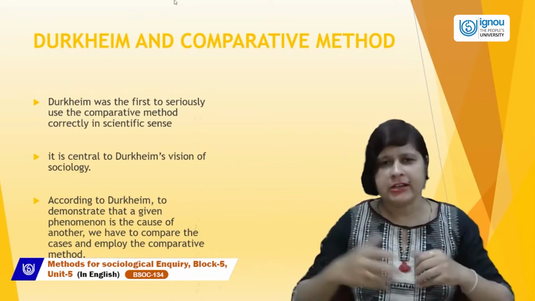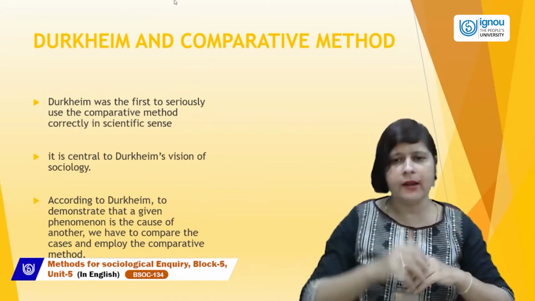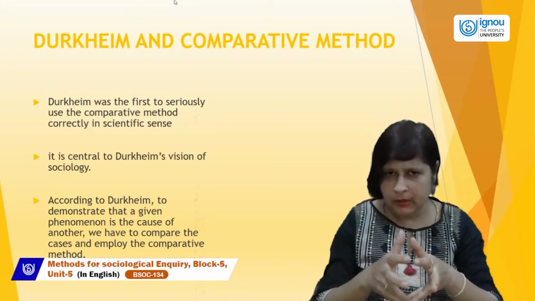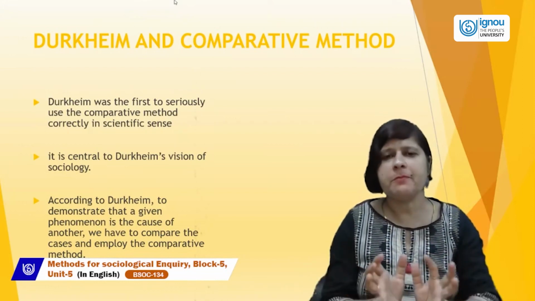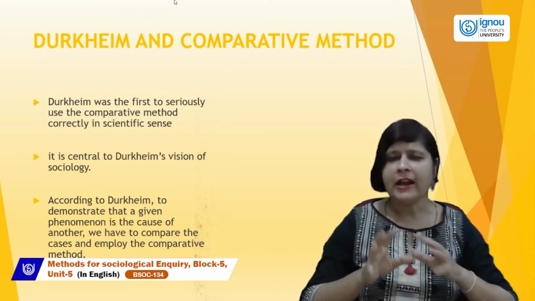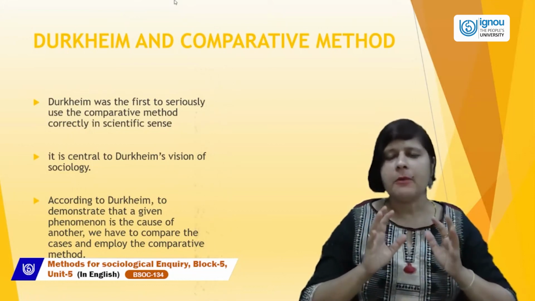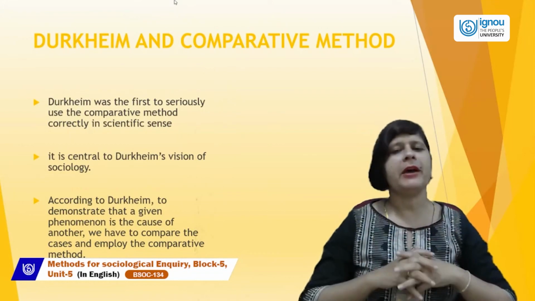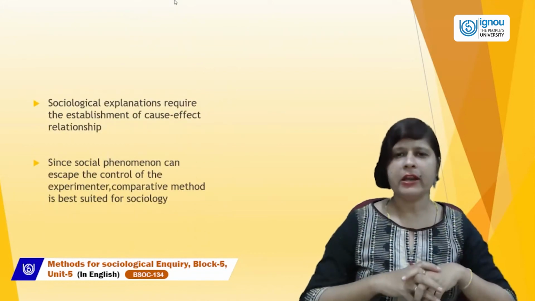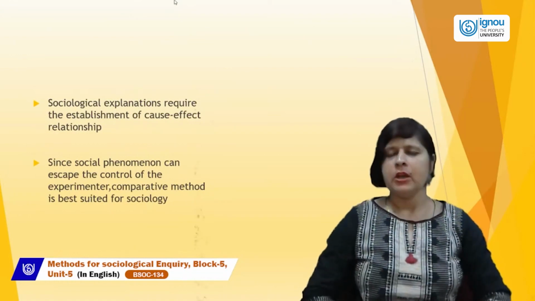As I told you earlier, according to Durkheim there is a causal relationship between phenomena, and we can study or compare these only through comparative methods. So the comparative method is very important according to Durkheim.